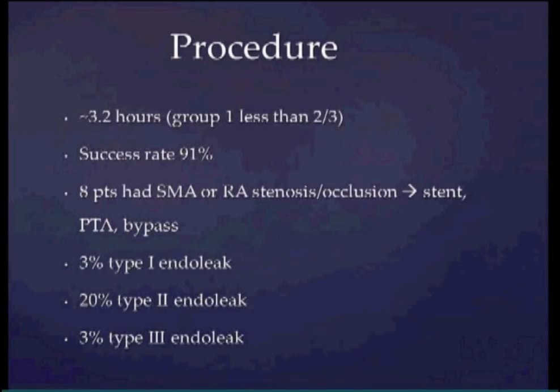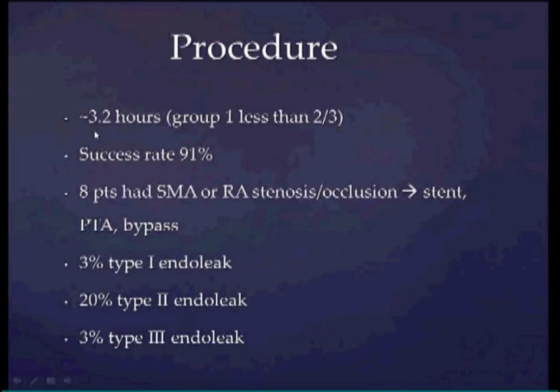So they grouped their patients, and then these are the results of the procedure. The mean duration of the procedure was about 3 hours. The immediate success rate, meaning that they were able to exclude the aneurysmal sac, was more than 90%, which is pretty good.